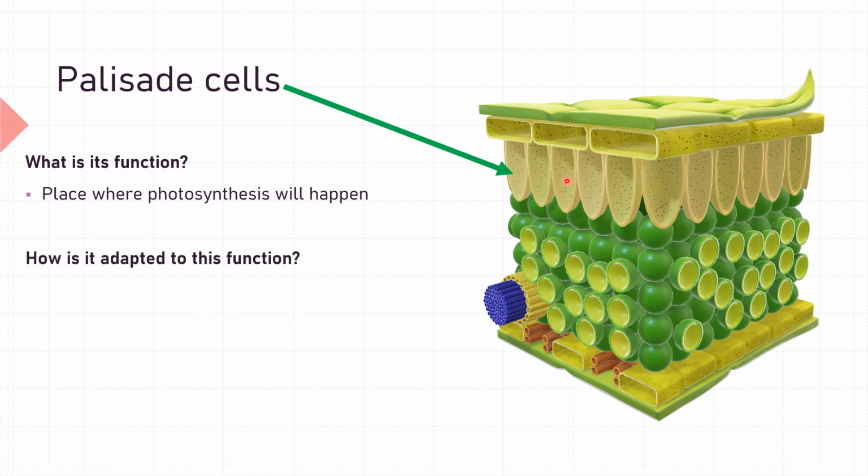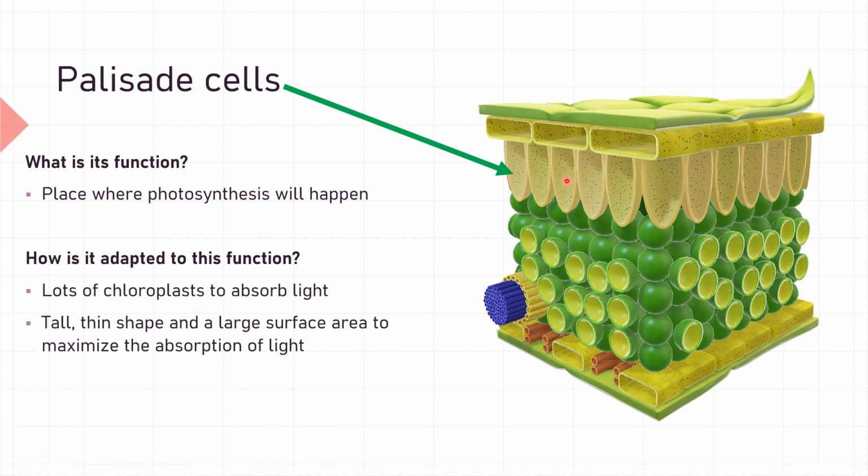Now, so that they can do this function, they need to be adapted to it. They need some kind of adaptation. As I already mentioned, they need lots of chloroplast to absorb light, and also a tall, thin shape and a large surface area to maximize the absorption of light, like you can see here.